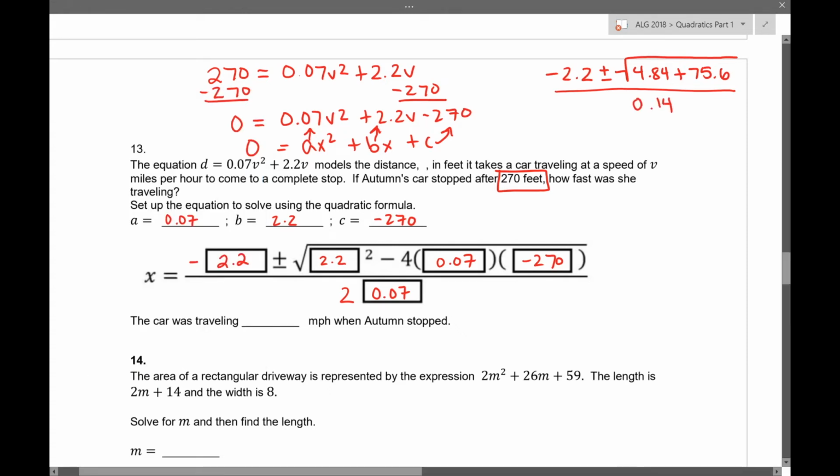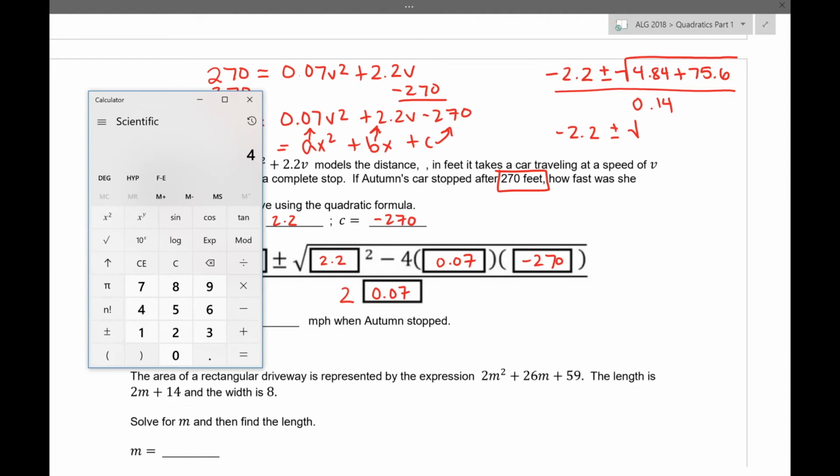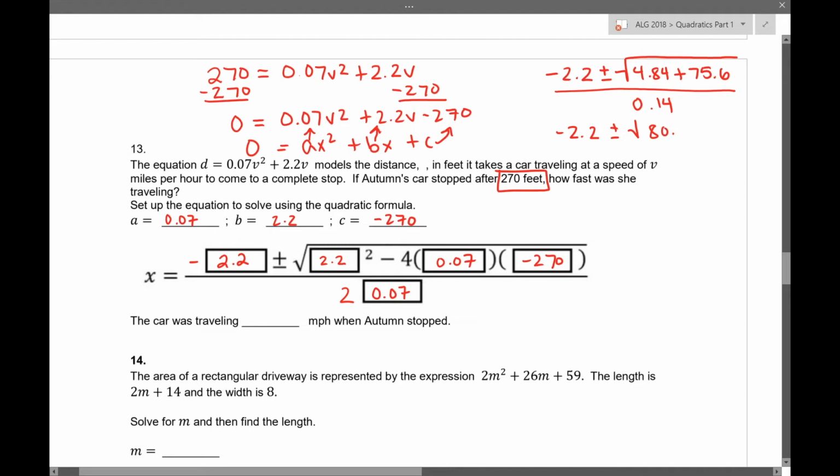Now I can simplify my radical even more. So let's continue. Negative 2.2 plus or minus the radical: 4.84 plus 75.6 is 80.44, over 0.14.